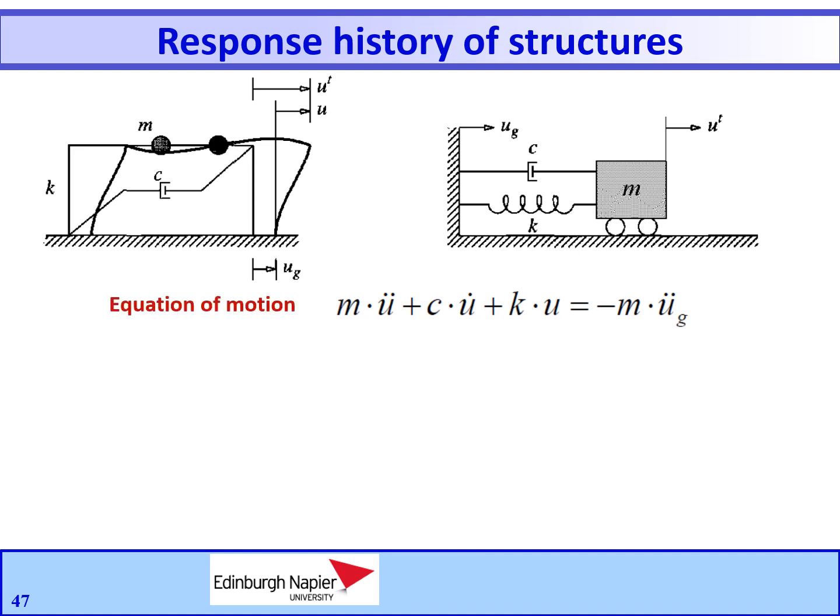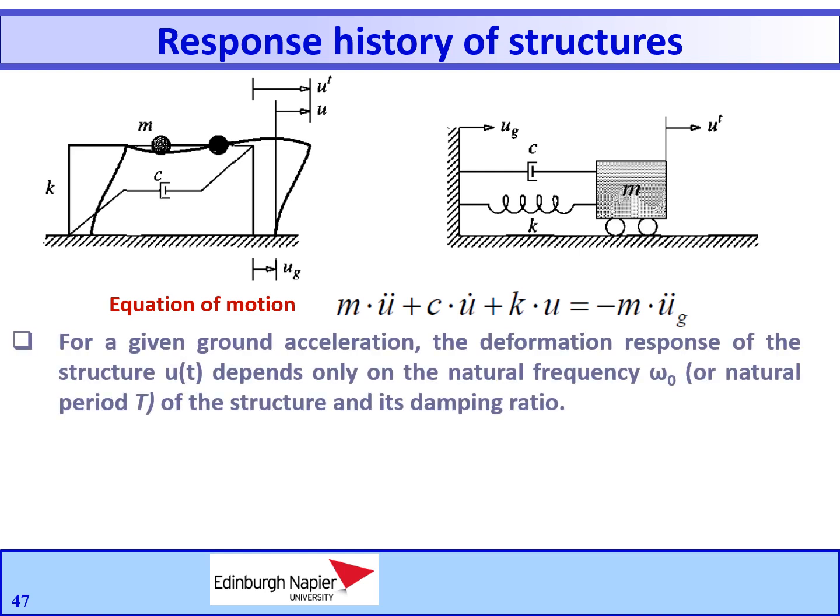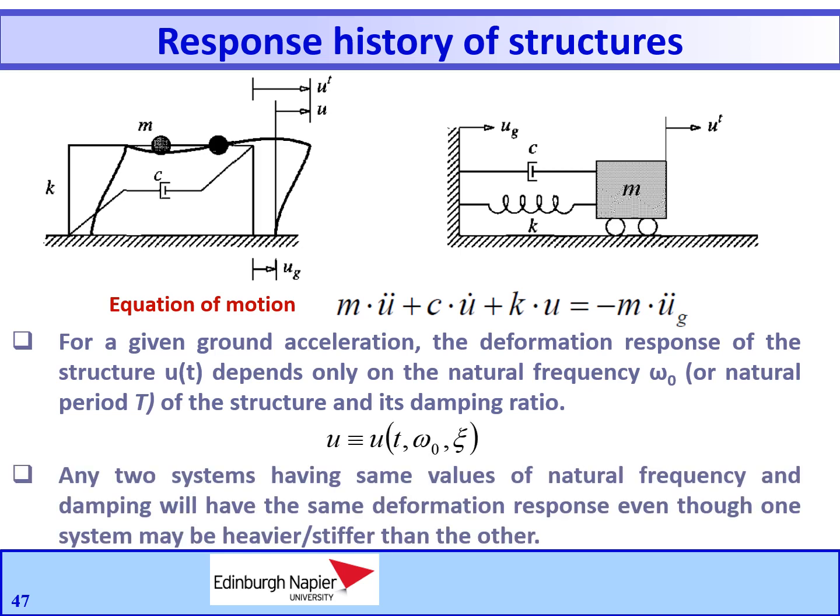We have talked about and solved the equation of motion, and by observing the solution, we found that for a given ground acceleration, the deformation response of the structure depends only on the natural frequency omega 0 of the structure and its damping ratio. Any two systems having the same values of natural frequency and damping will have the same deformation response, even though one system might be heavier or stiffer than the other.